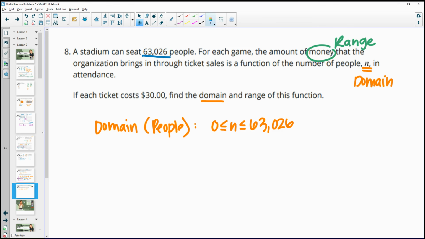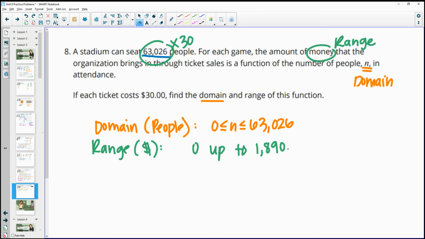Then the range is the money that is being brought in by ticket sales, right? So you could have $0 in ticket sales, so we could have 0 for this, and you don't have to put a dollar sign with this, but you could have 0 up to taking this times 30, if you sold every single ticket. So if it was a sold out event, then you'd be at $1,890,780 that you brought in.